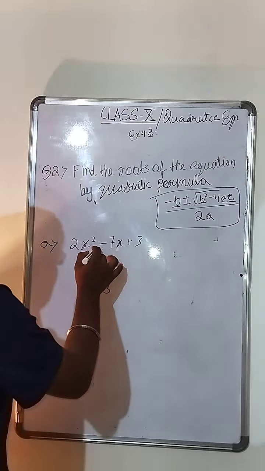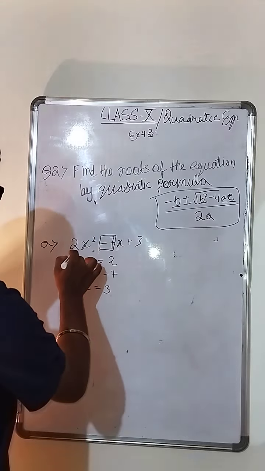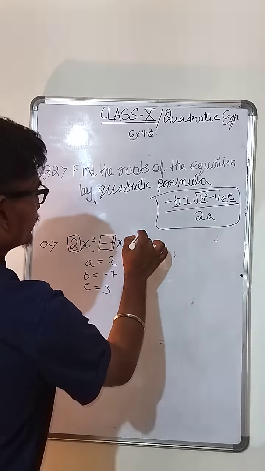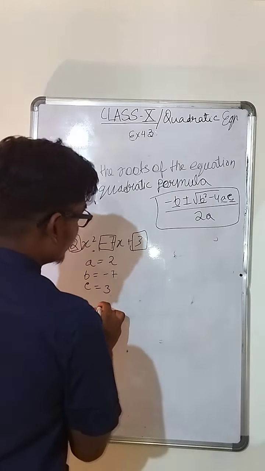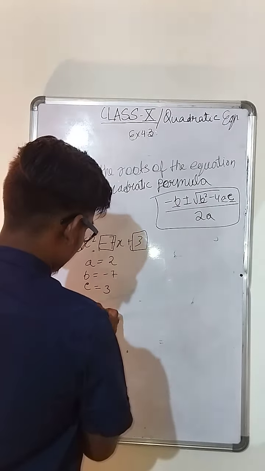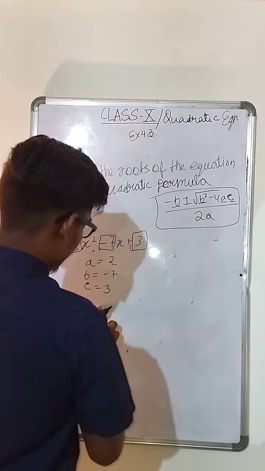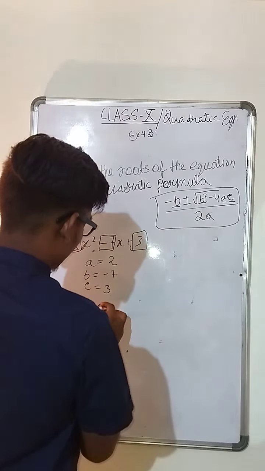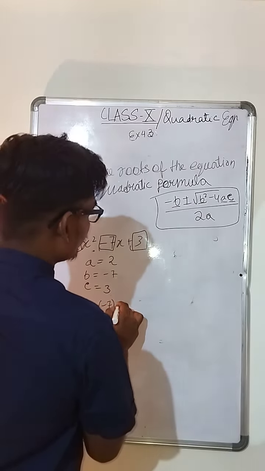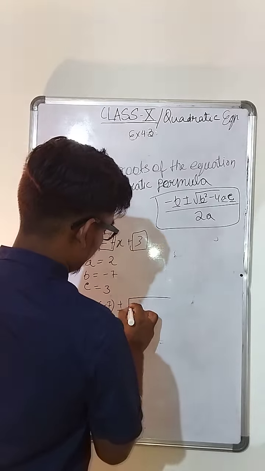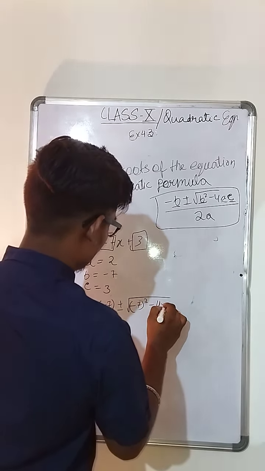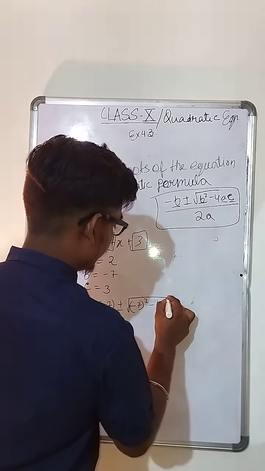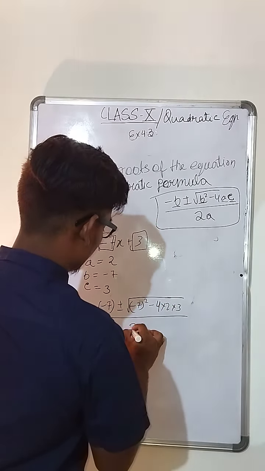Okay, minus 7, 2, 3. Okay, so putting on the formula, minus b, what it will be? Minus 7 plus minus under root minus 7 whole square minus 4 into 2 into 3 divided by 2 into 2.